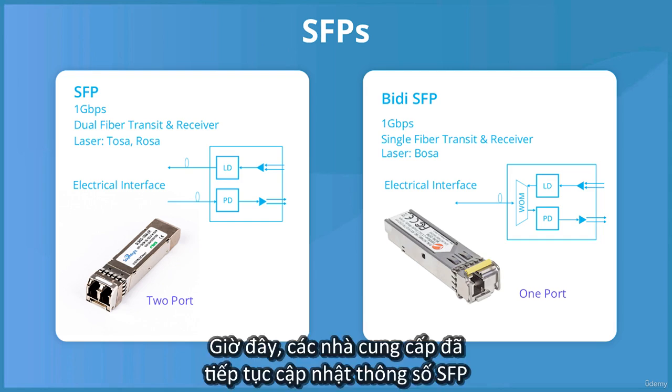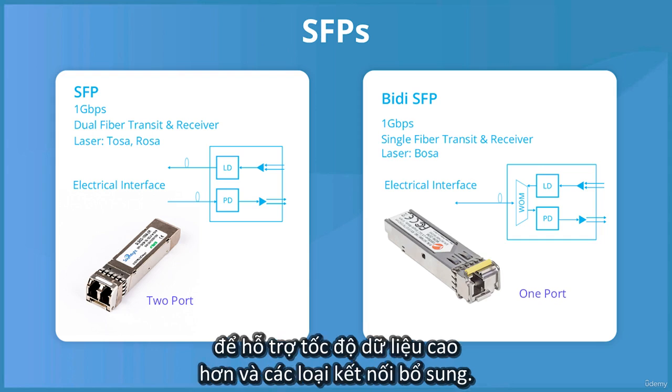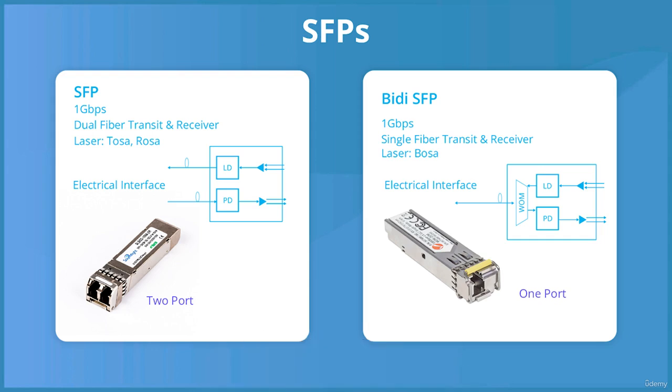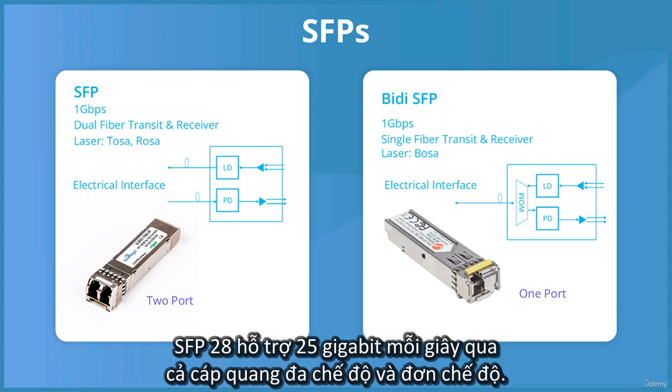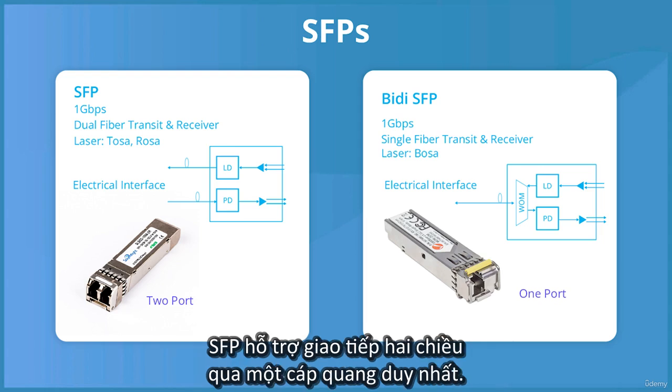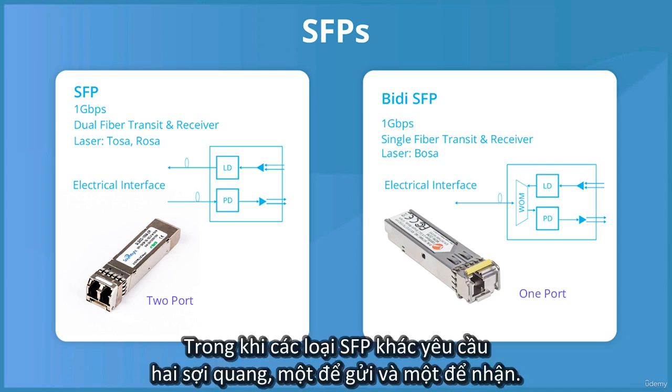Now, the vendors out there have continued to update SFP specifications to support higher data rates and additional interconnect types. SFP28 supports 25 gigabit per second over both multimode and single-mode fiber. BiDi SFPs support bidirectional communication over a single fiber, while other SFP types require two fibers, one to send and one to receive.